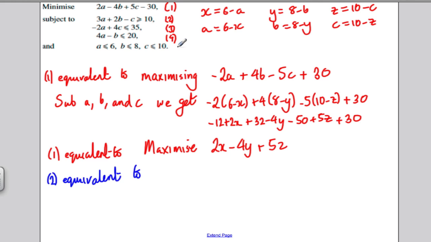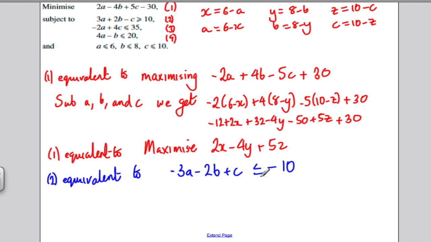So the same expression would be equivalent to minus 3a minus 2b plus c is less than or equal to minus 10. Okay, so I'm multiplying both sides by minus 1.